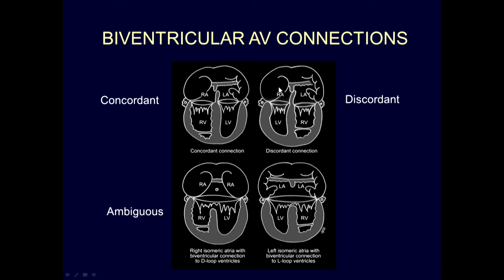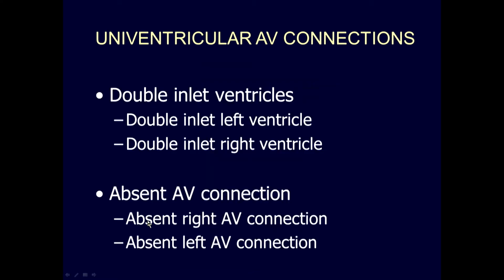This is the discordant atrioventricular connection, as in congenitally corrected transposition of great arteries. But when atrial arrangement is ambiguous, in these cases there is a biventricular AV connection, but concordant or discordant we cannot say, so this is ambiguous AV connection.